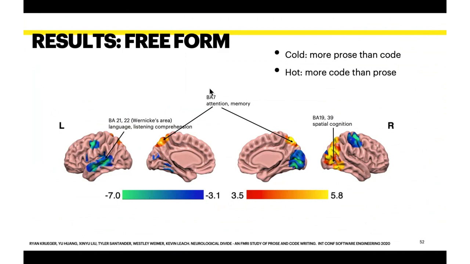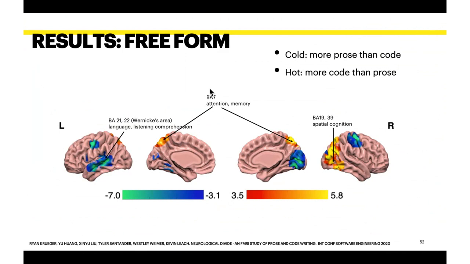We see that prose writing is typically associated with areas which are traditionally associated with language. You see the so-called Wernicke's area on the left, which is typically related to language and to comprehension, most often listening comprehension, but language comprehension in general as well.